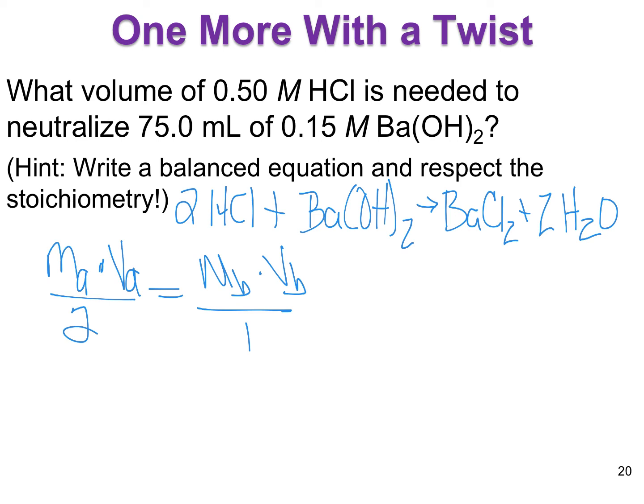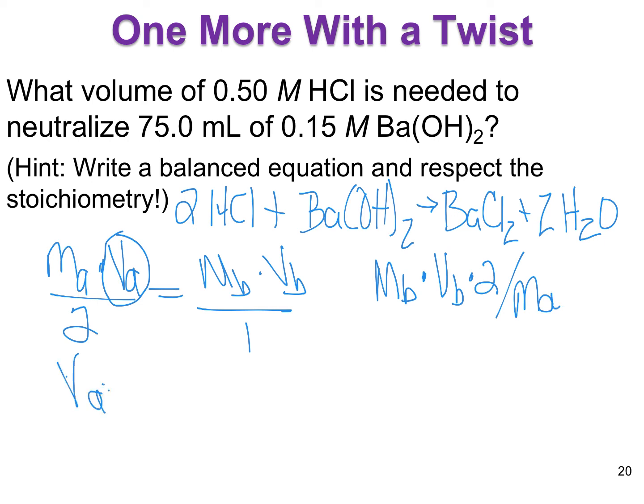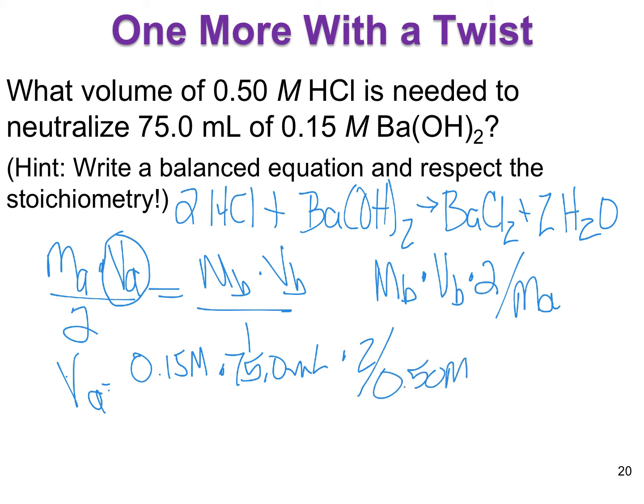Solving for the volume of the acid, V sub A, the equation is M sub B times V sub B times 2 divided by M sub A. Thus, V sub A equals 0.15 molar times 75.0 milliliters times 2 divided by 0.50 molar, which equals 45.0 milliliters.